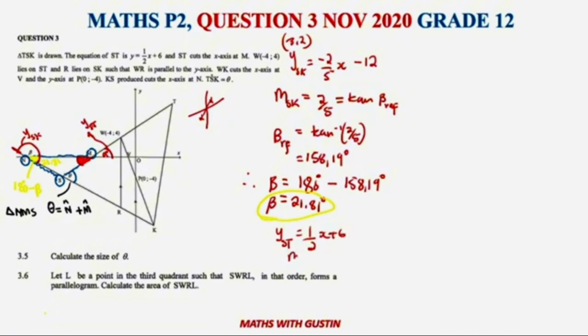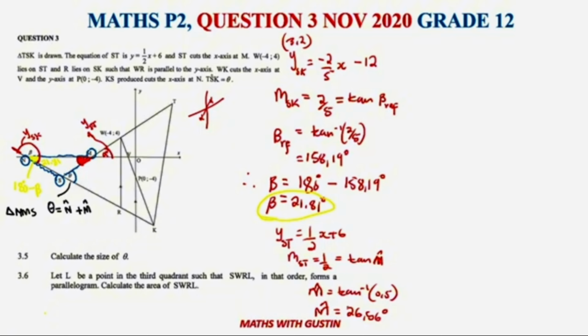So our gradient here of ST is given by 0.5, which is going to be equal to tan M. So therefore angle M is going to be given by tan inverse of 0.5, which is therefore angle M is equal to 26.560. I hope you get the same answer, guys.